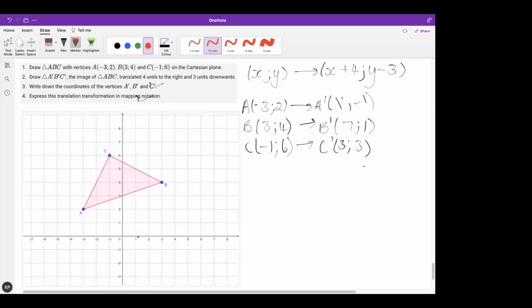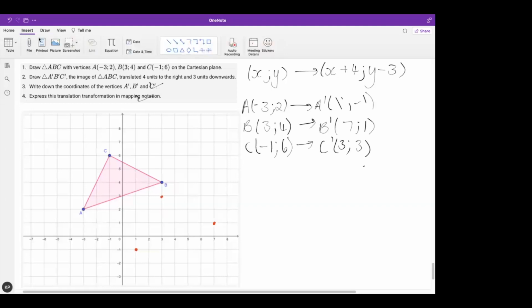So now A prime will be at 1 and -1, which means it's down here. B prime will be at 7 and 1, which is up there. And C prime will be at 3 and 3, which is over there. Now we all know that I don't take chances with drawings. So I'm going to whip out the lines. Boop.